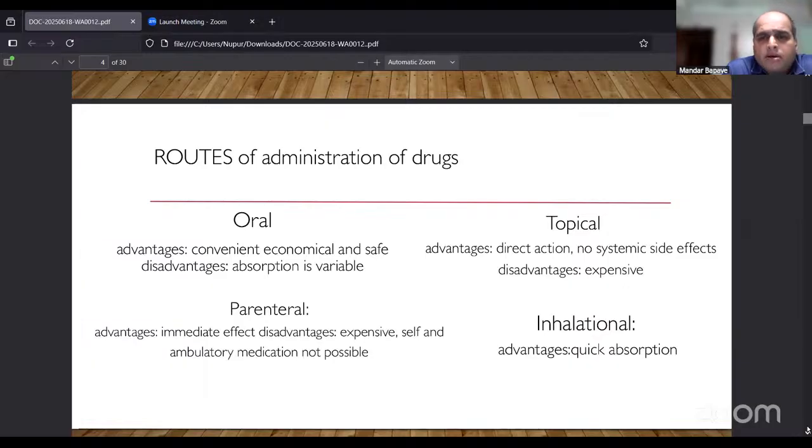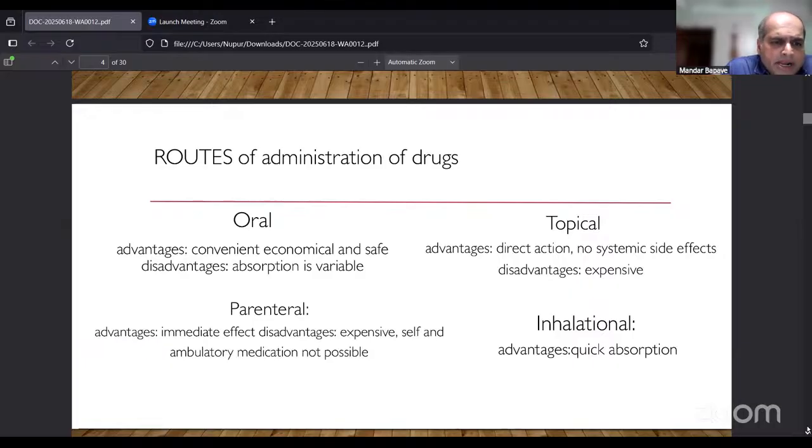Topical medications have very good advantages, as there are no systemic side effects except for, say, the highly potent steroid creams which we give. There is a direct action, but the disadvantage is that it is extremely expensive. A 5 gram tube of mupirocin costs, say, around $120.